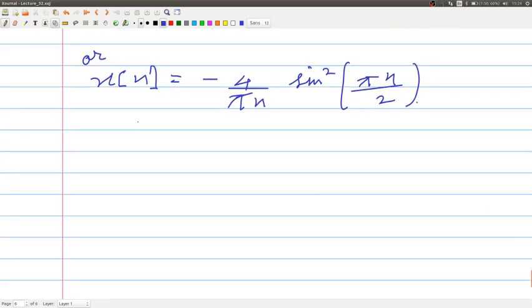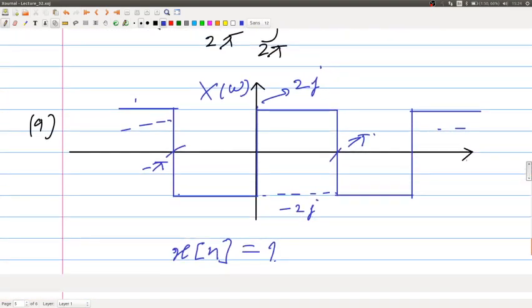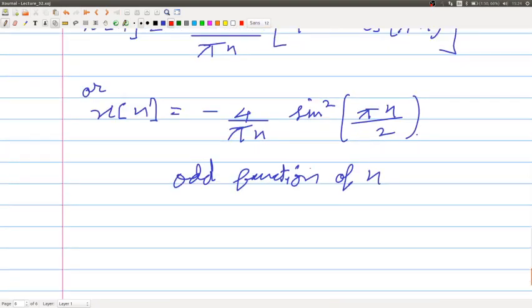Note that this is an odd function of n. You should have guessed this because here x of omega was an imaginary valued signal, right? So x of omega was purely imaginary. So x of n should have been an odd signal, as it came out.